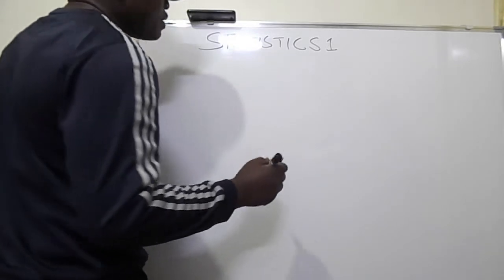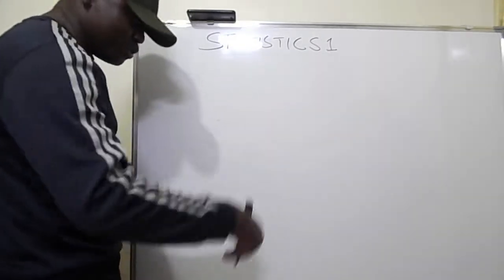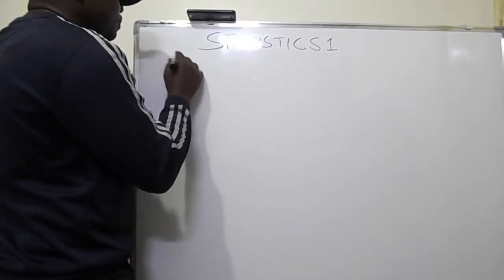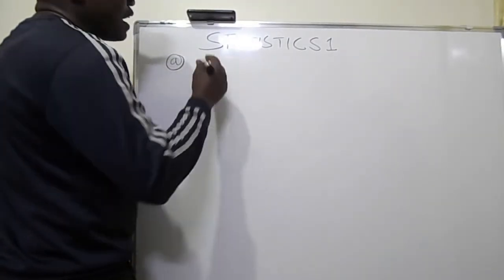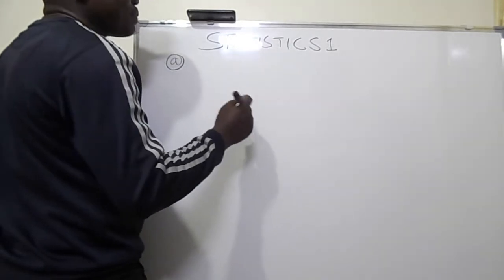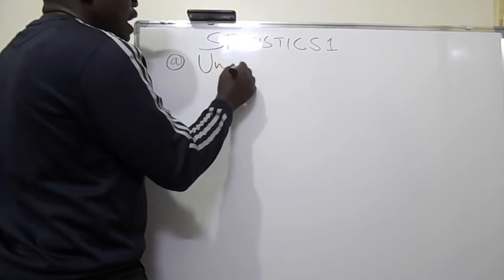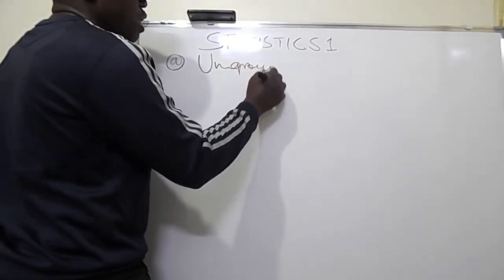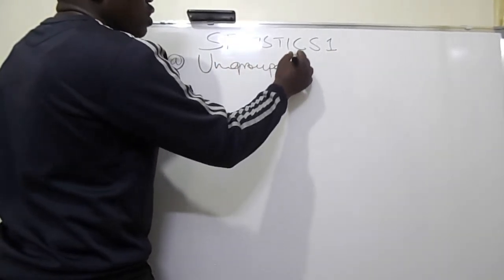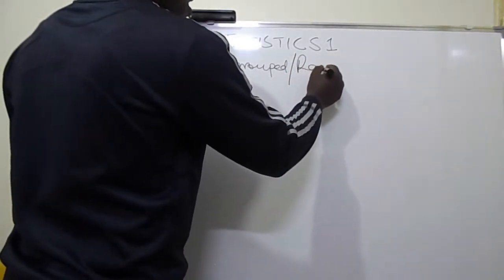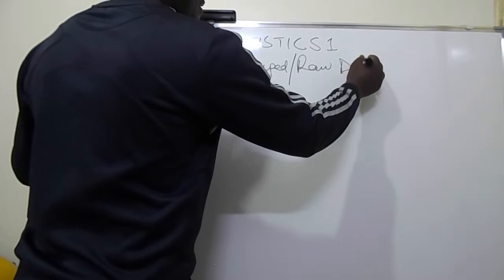The first part that we're going to discuss in statistics is what we call ungrouped, or raw, data.